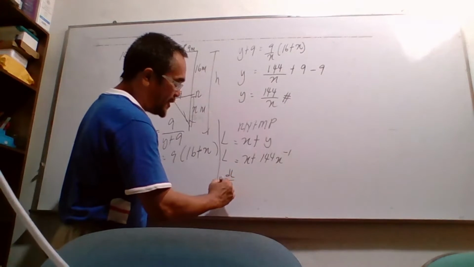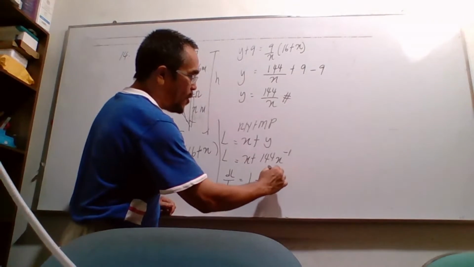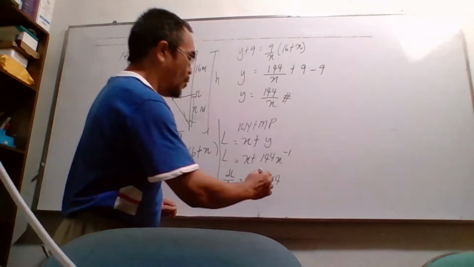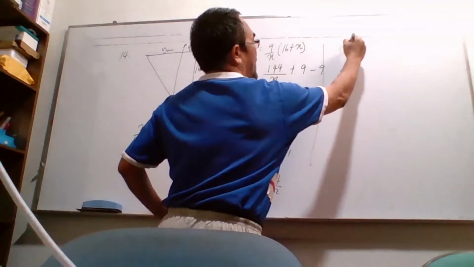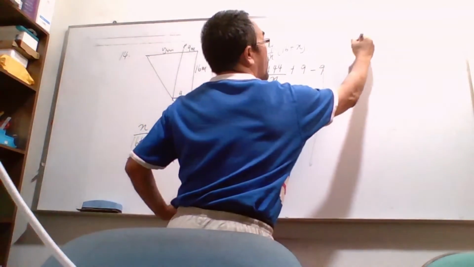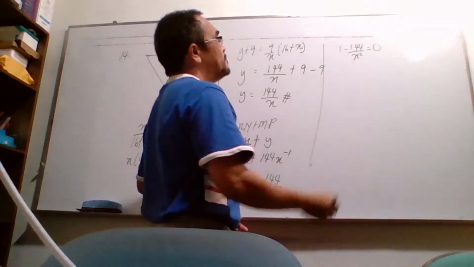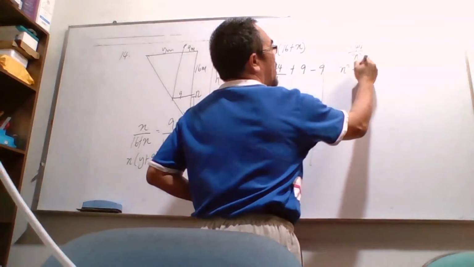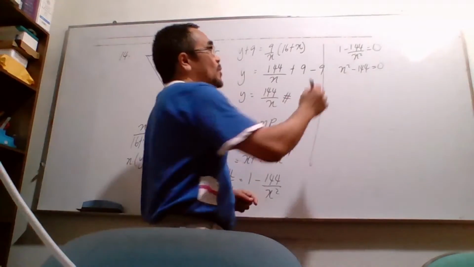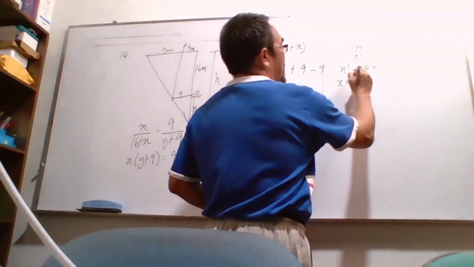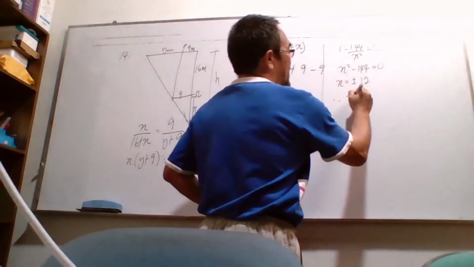So we have dL over dx is 1 minus 144 over x squared, equals to 0. We multiply everything with x squared. Get plus minus 12. So x is plus minus 12, but it could not be negative.